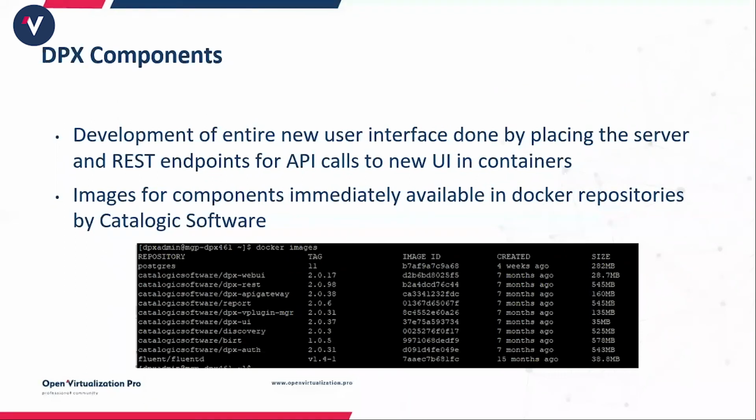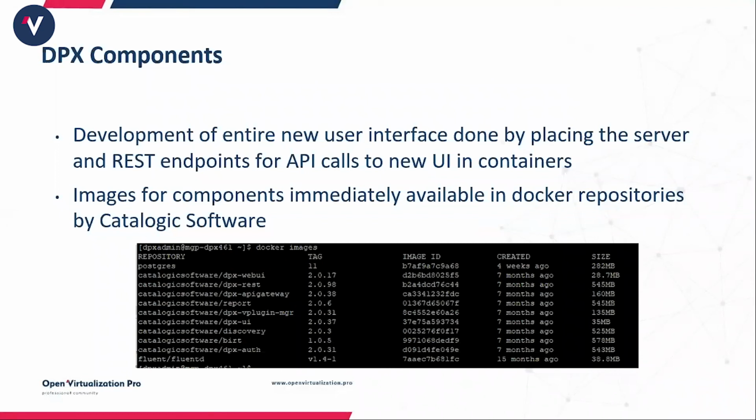But within that OVA are the containers that we're using for each of the modules that support our new web UI, and our new API gateway that allows that UI to run in parallel with the existing legacy user interface, but still be able to interpret and send those API calls to our traditional backend binaries. But it's only a matter of time before those backend binaries are containerized as well.